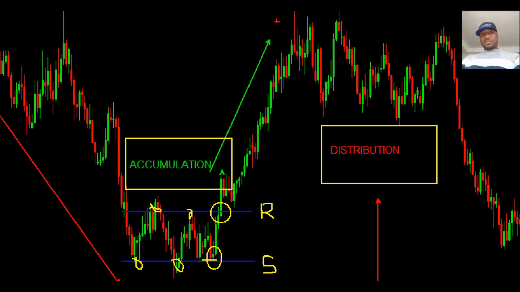And now after trending to the upside, you have to make sure that the market ranges, right? Now we have to check again. This is a range market, right? So let's make sure that it's ranging. So let's draw.